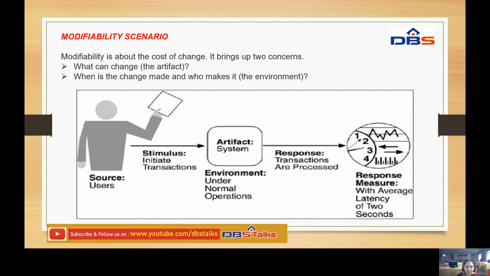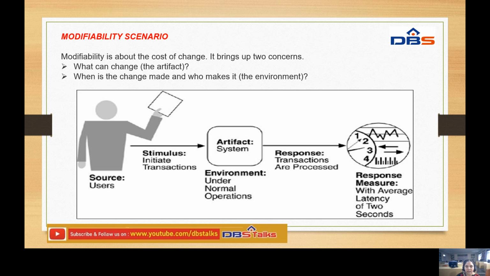Next, this is the architecture regarding the modifiability scenario. Here the source is users. They can have some stimuli, that is, they initiate transactions. The artifact is the system.